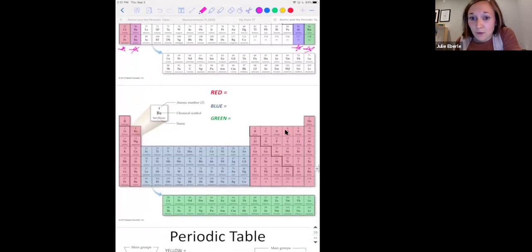Another way to arrange the periodic table is the sections you see here in red, blue, and green. All right, so what is the red section? This is the sum total of all the main groups. I want you to know how to count main groups, and we'll do that in a little bit. And then the blue, these are transition metals.